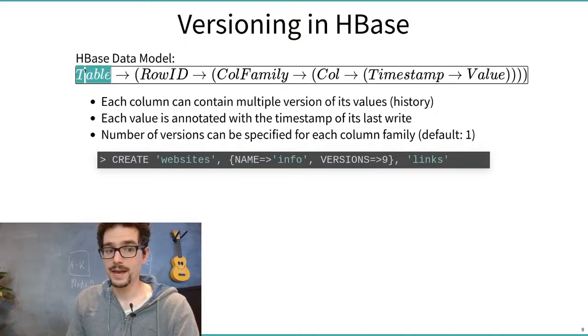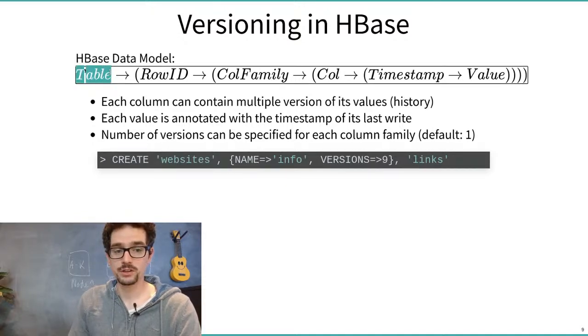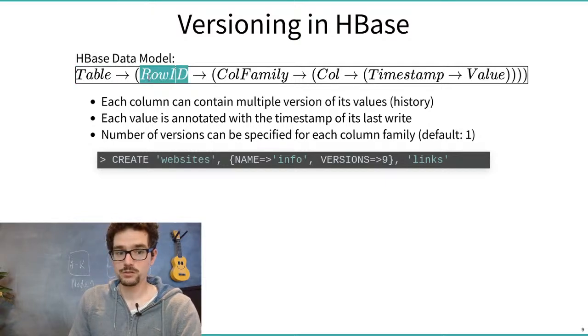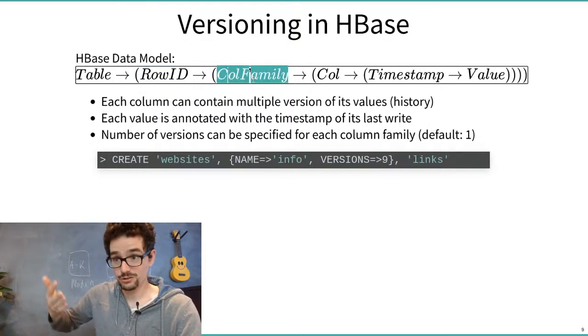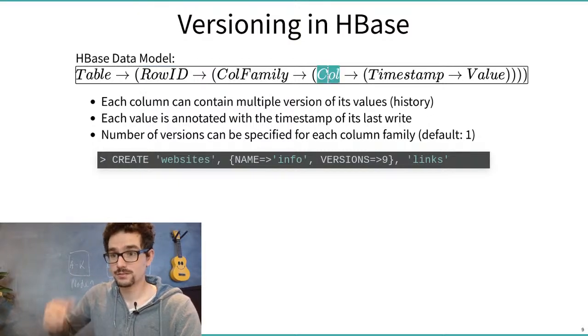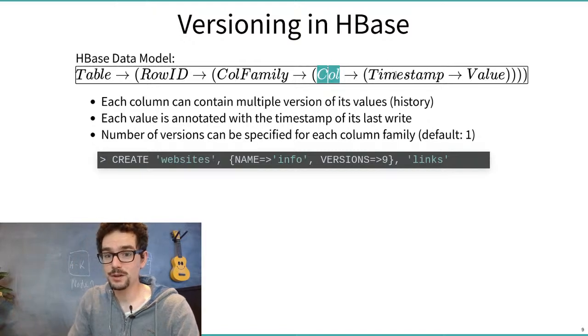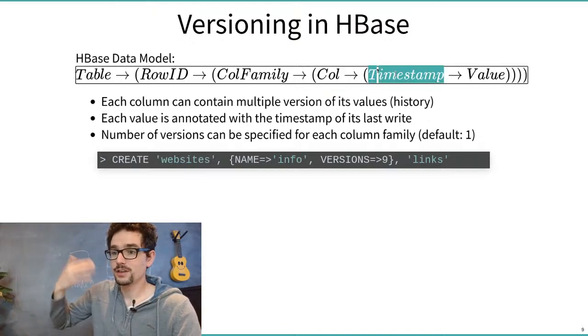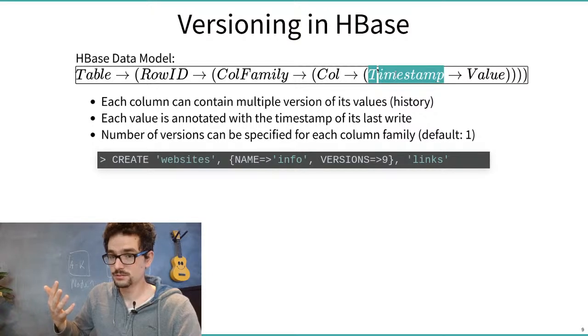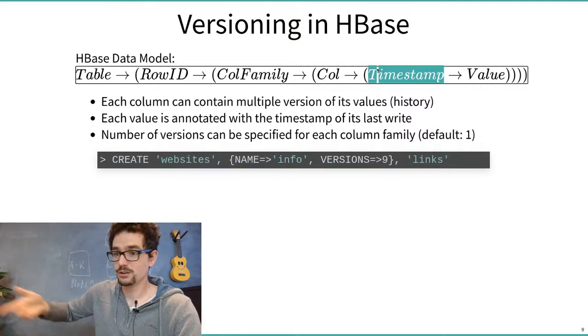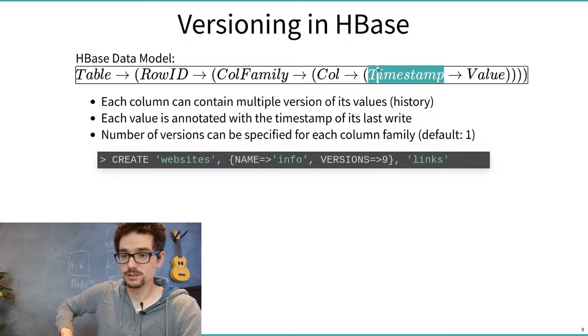So the actual data model of HBase is we have a table, we have multiple tables, and in each table I specify a row ID, and what I get for that row ID is for each column family and for each column in that column family a set of timestamps. For example, today at 5 o'clock and yesterday at 12 o'clock and last Wednesday at 6 o'clock.